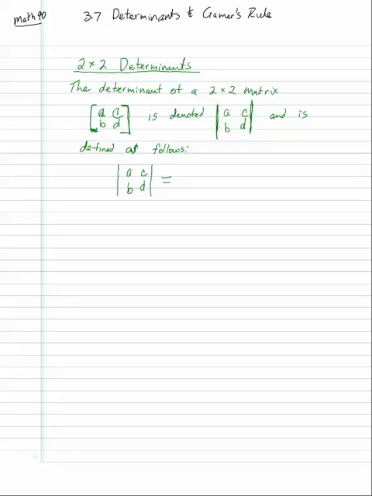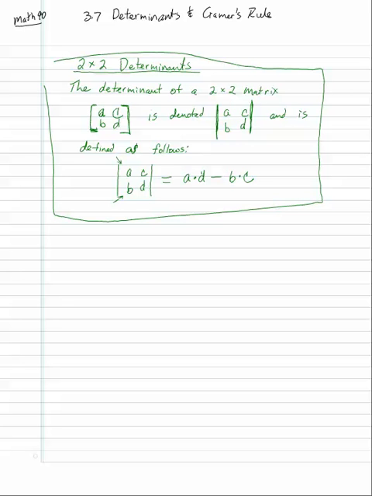You're going to multiply along the diagonals, A times D, minus, and then go along the other diagonal, B times C. Okay, so just pretty straightforward. It's just that formula. We want to make sure we know that.